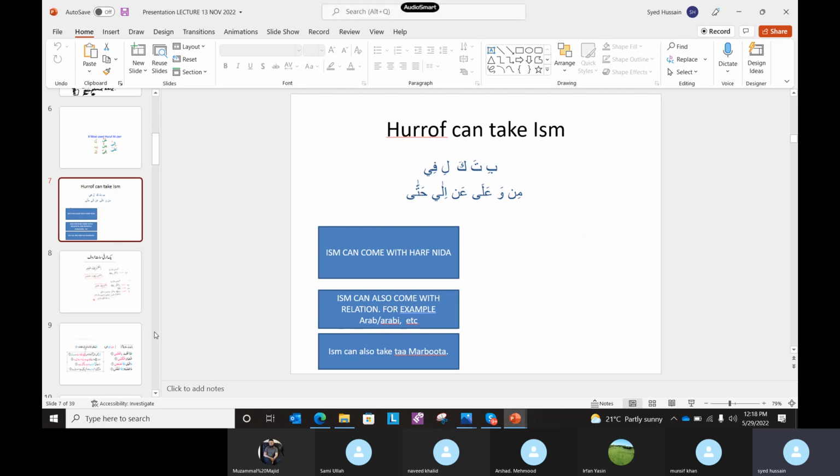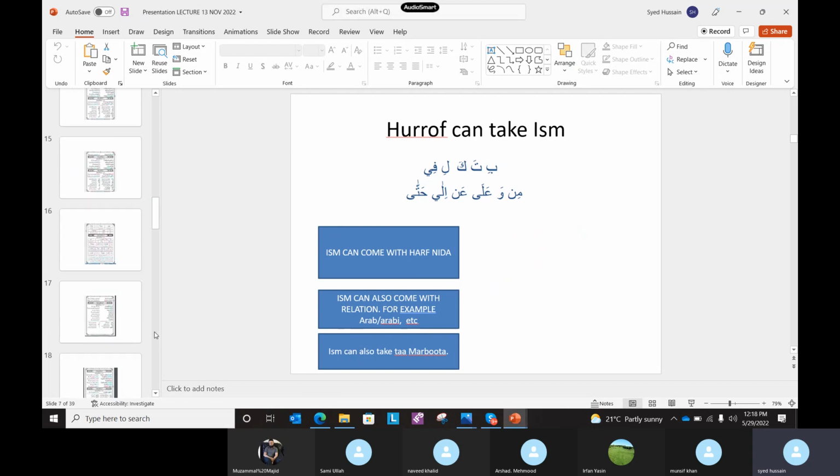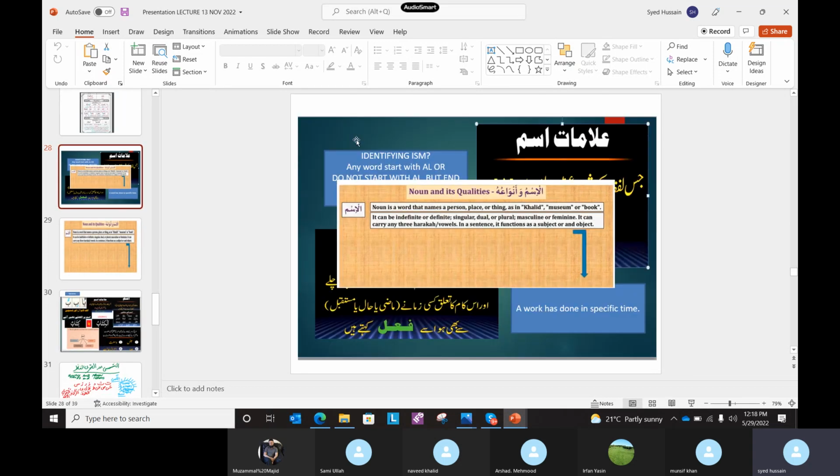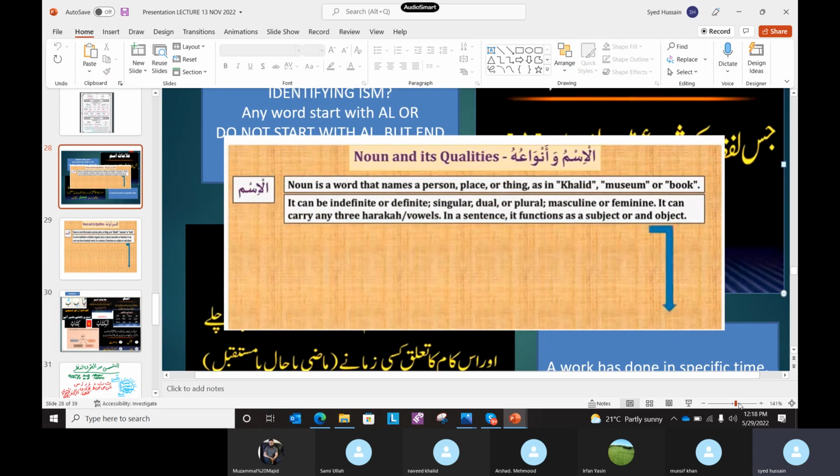So today we are going to cover, inshallah, the important thing which we saw last time: noun and its qualities. This is the most important thing which we are going to discuss. Any ism, noun, is a word that names a person, place, or thing.